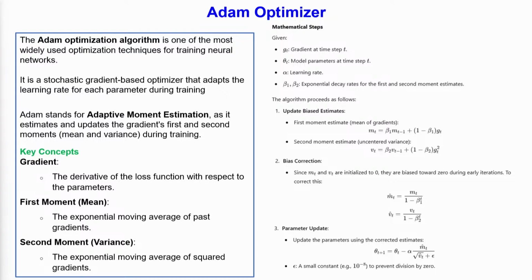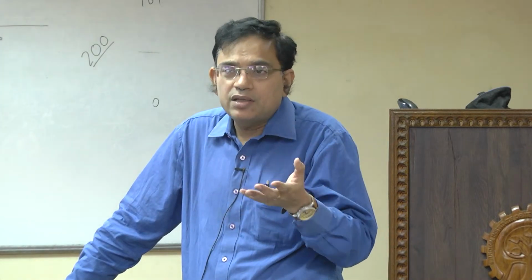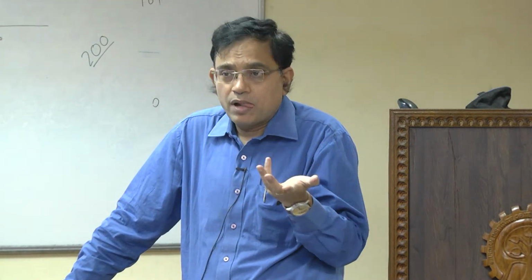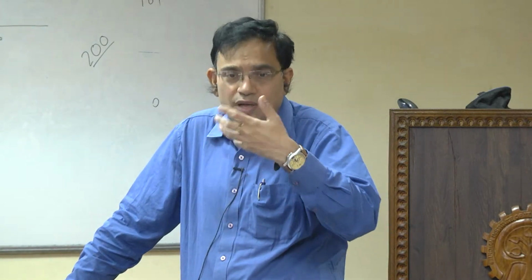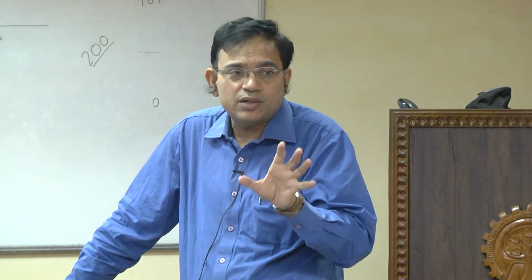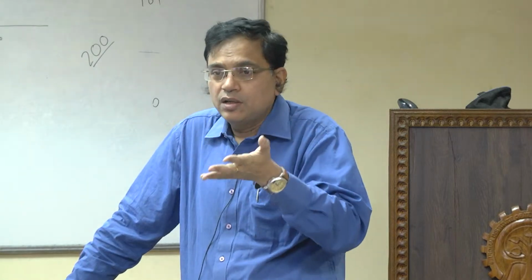It is a stochastic gradient based optimizer that adapts the learning rate for each parameter during the training. That means during the training, it is something like evaluation of the training. Take someone in a class, say a junior class student: what is the rate of learning? You do some evaluation and you try to see that the rate of learning is the maximum, so that the learning and the exam performance are compatible.